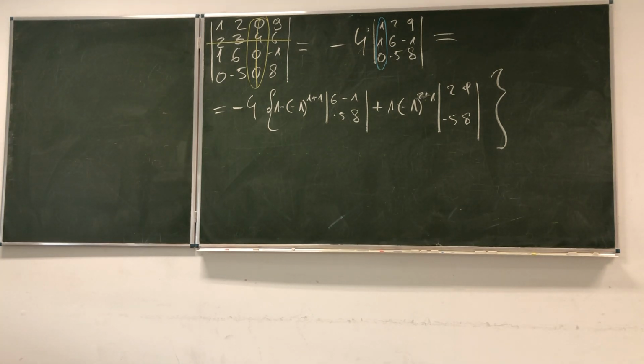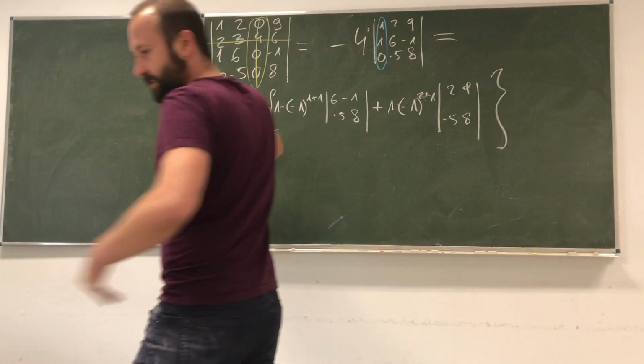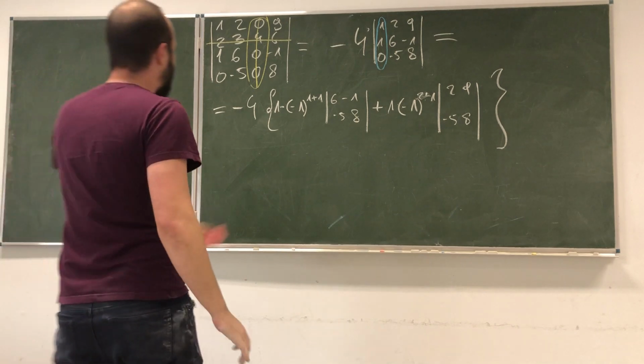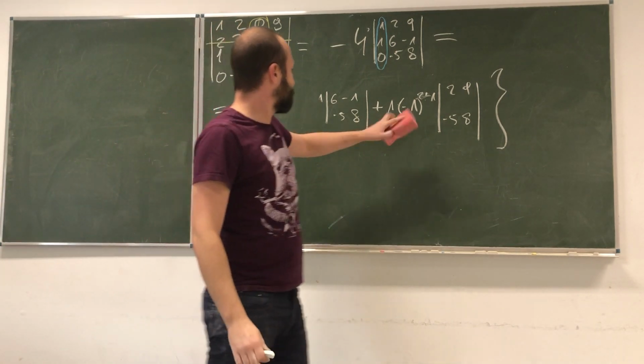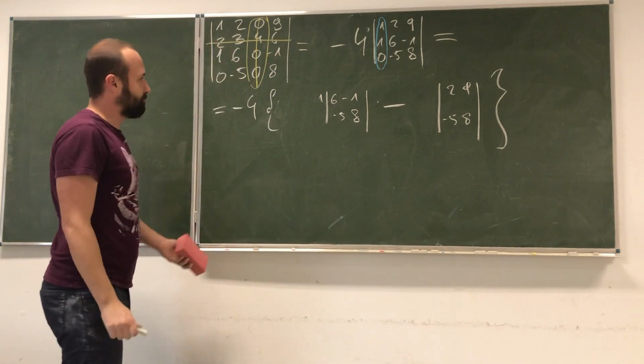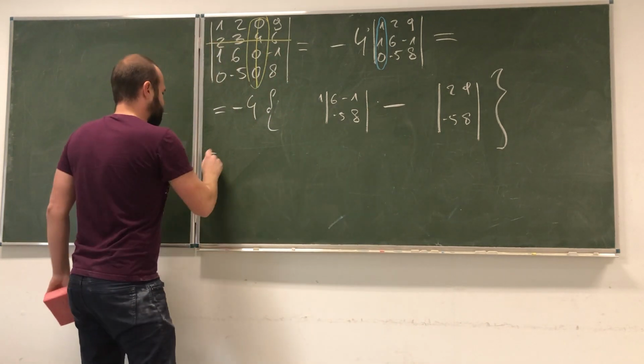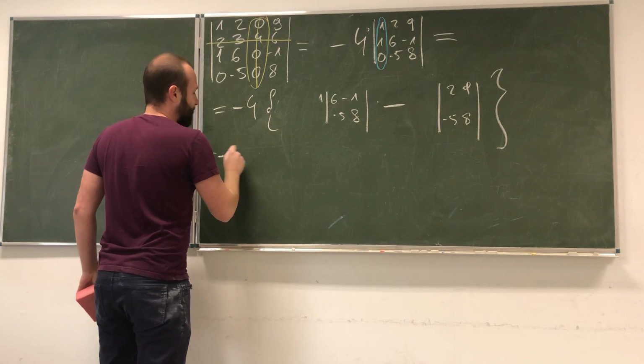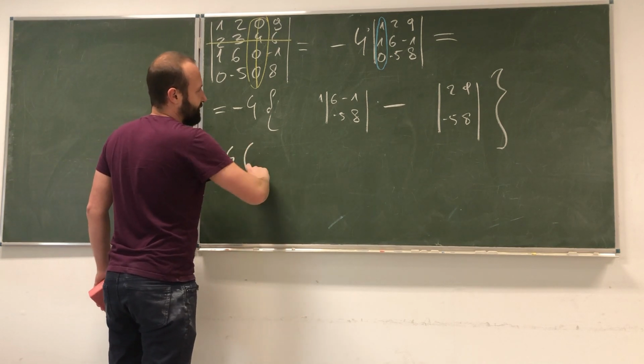Okay, now we clearly see that this is just going to be 1, and this is just going to be negative 1. Right, so basically, at this moment we can calculate everything step by step.